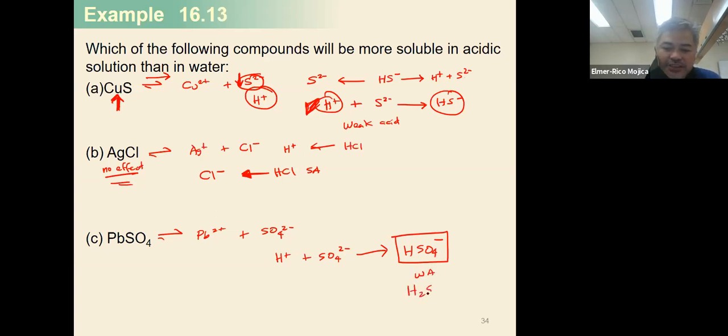The one that is strong is this one, but that was produced from this. Since this is a weak acid, this one will react with that one. So when that happens, this one decreases, the forward reaction is favored, and the solubility of lead sulfate increases when the acidic condition is present. Question?